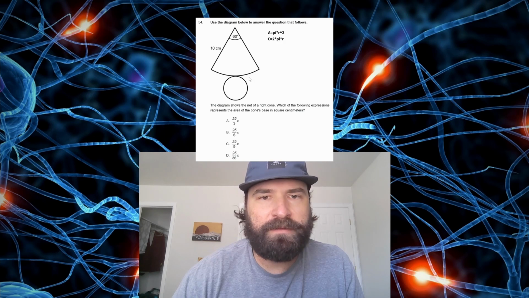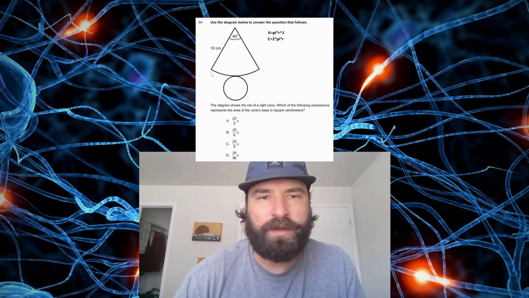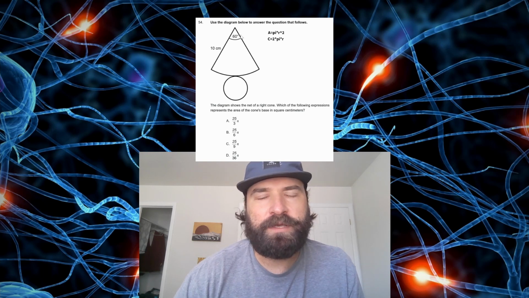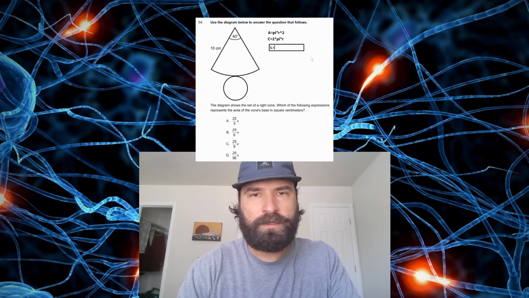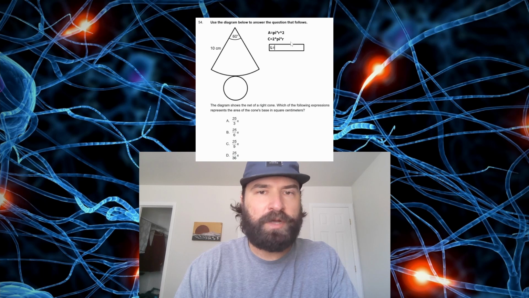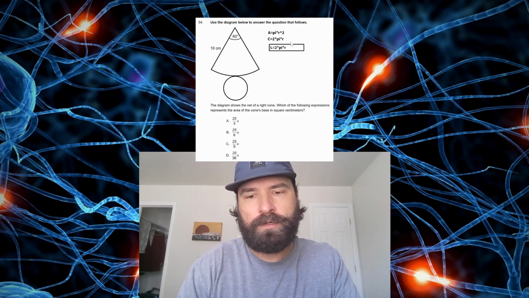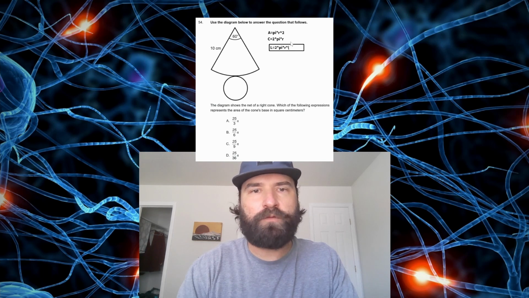Then to find the length of this, we're going to use an arc length formula. A partial circumference is called an arc, and they're giving us an angle. Your formula for arc length is L equals the circumference formula, 2 pi r, times your angle over 360.